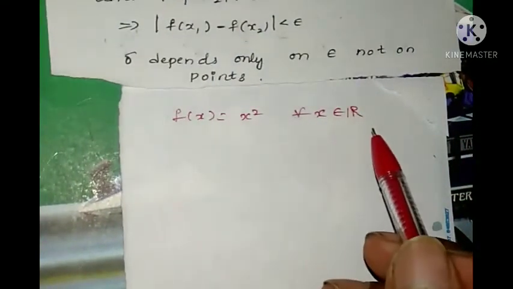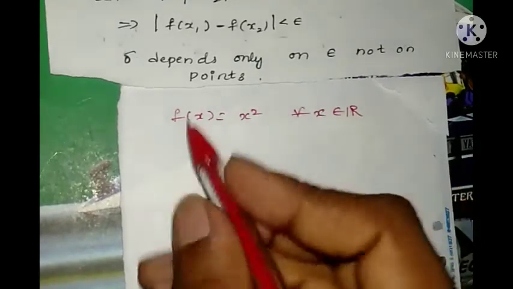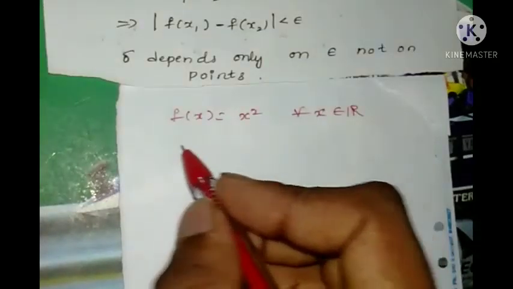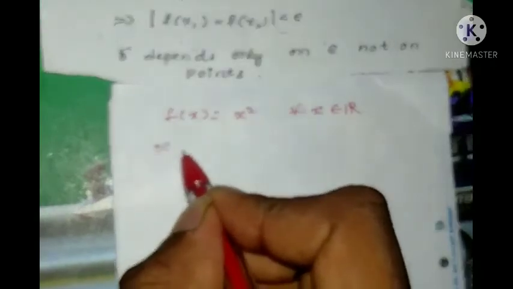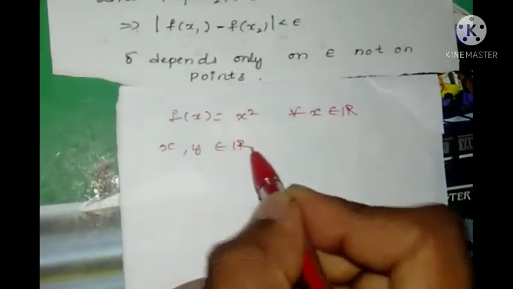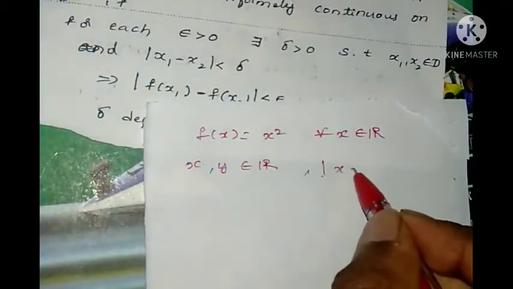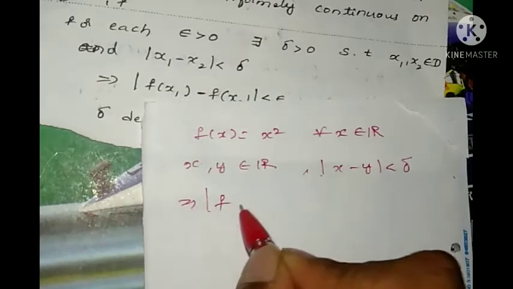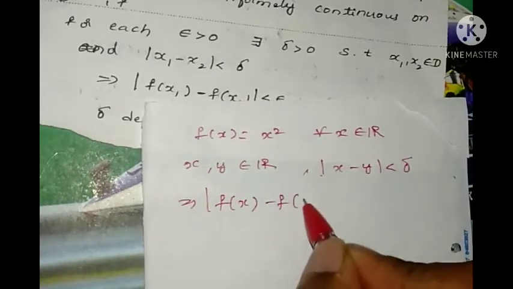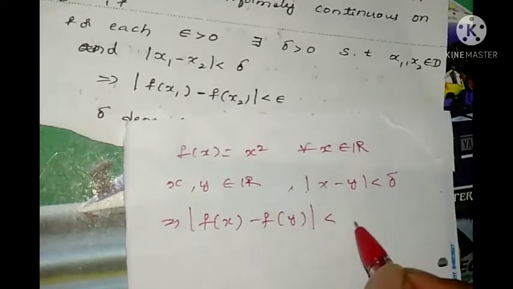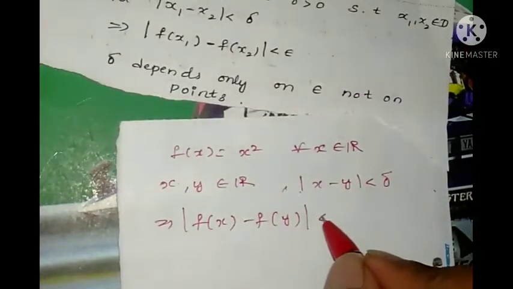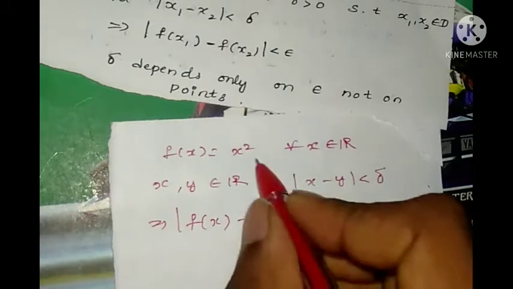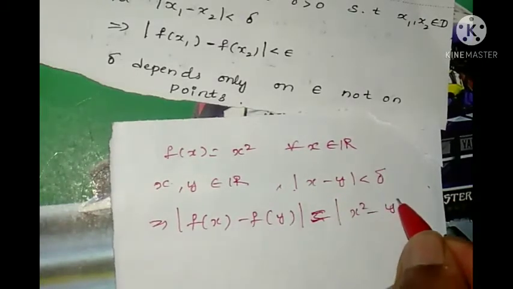By using the definition of uniform continuity, suppose x and y belong to R, with mod of x minus y less than delta. Then we look at mod of f of x minus f of y, which is equal to mod of x square minus y square.